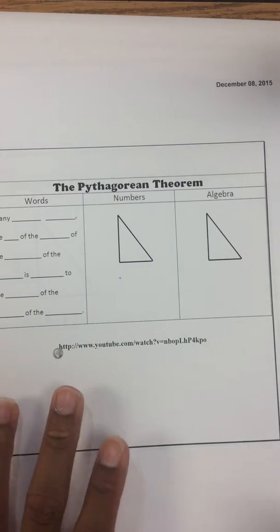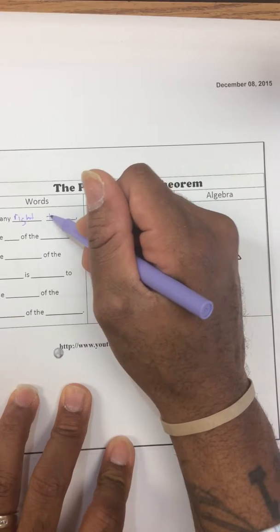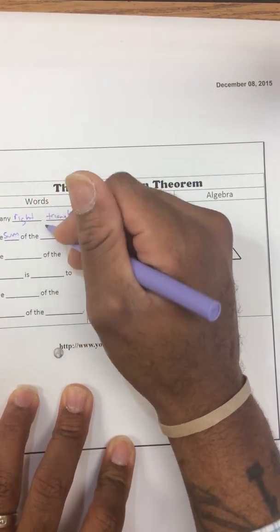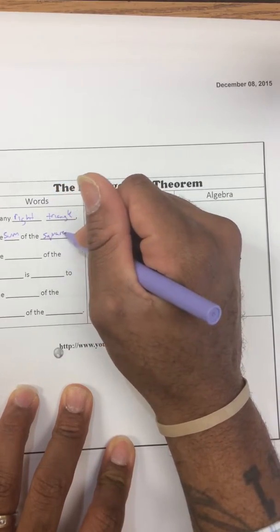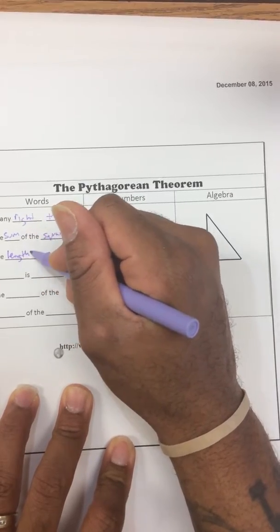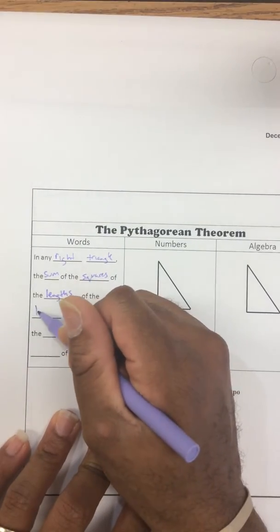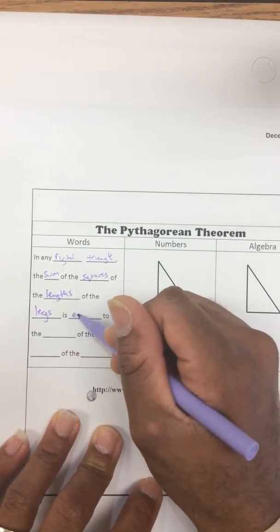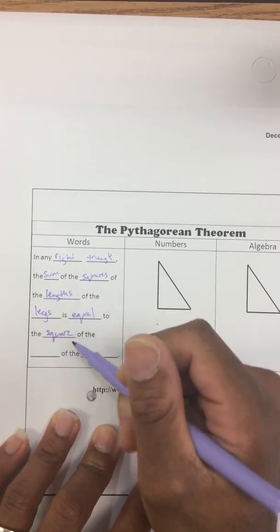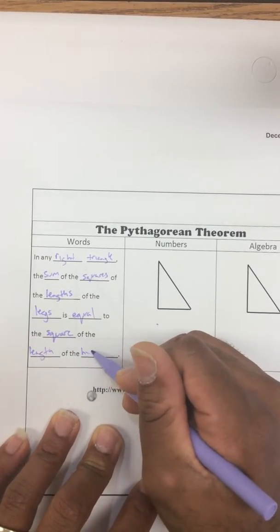So now, as I told you earlier, in any right triangle, the sum of the squares of the lengths of the legs is equal to the square of the length of the hypotenuse.